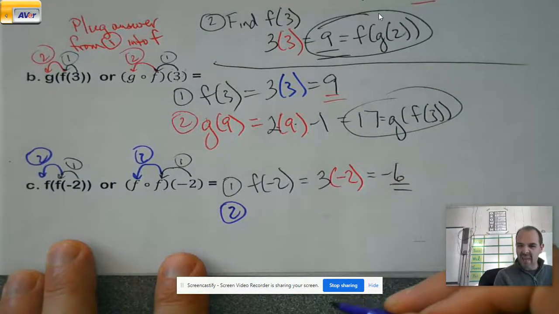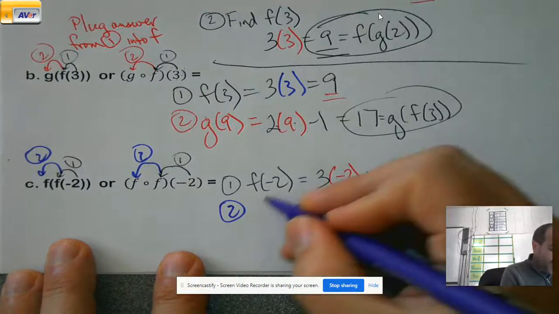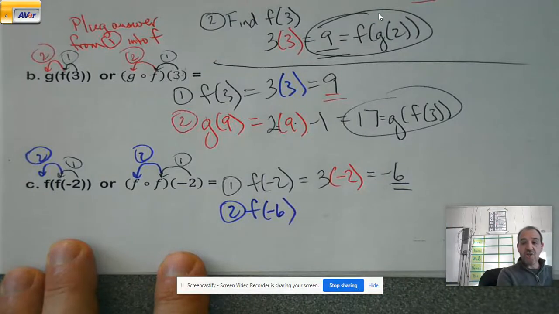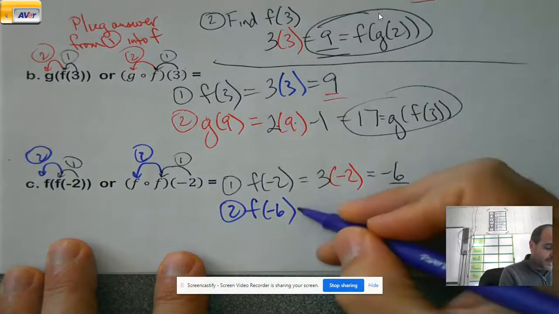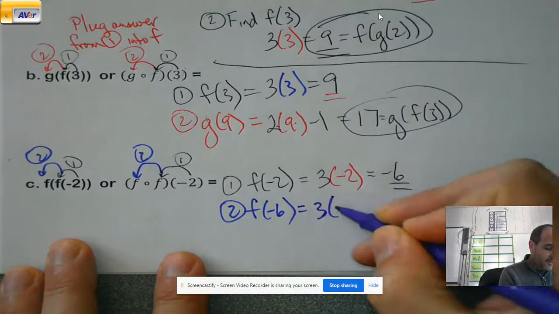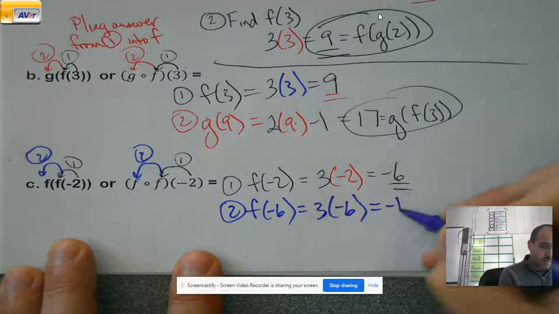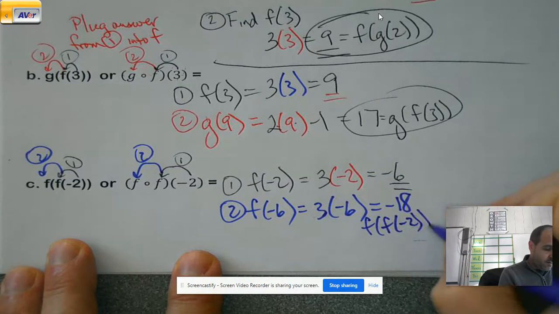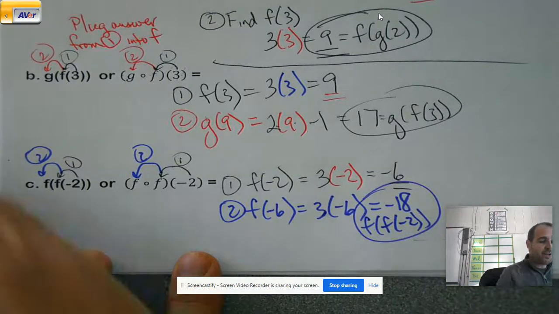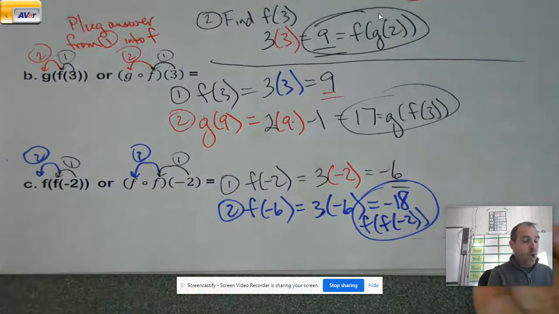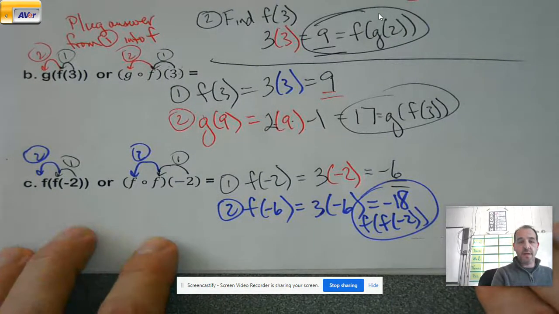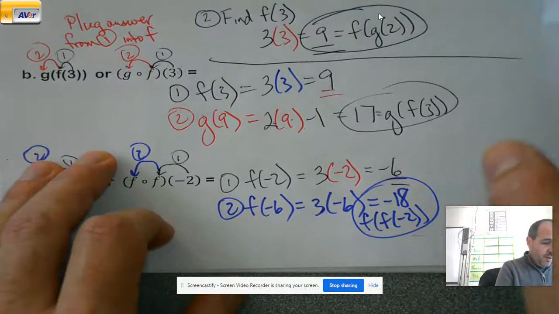You're like, so I don't have to use both functions every time? Not if it's not asked for, nope. So same function, 3x, except this time I'm replacing the x with a -6. So I just got to pay attention to what the function notation is to see which function, which expression, not equation, that I'm plugging into. Nothing too bad.